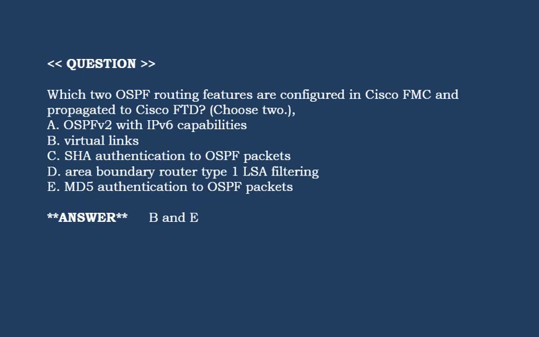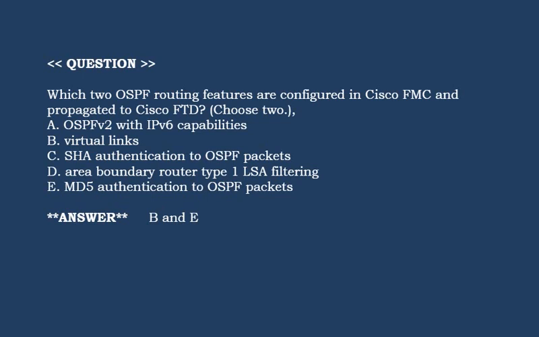Next question is, which two OSPF routing features are configured in Cisco FMC and propagated to Cisco FTD? Choose two options. Option A. OSPFv2 with IPv6 capabilities. Option B. Virtual links.